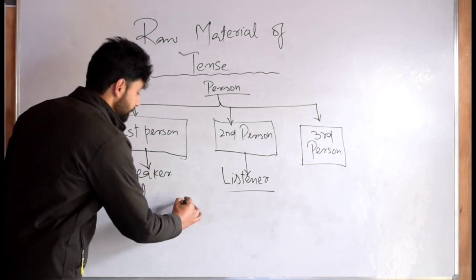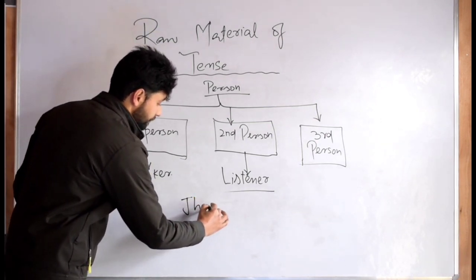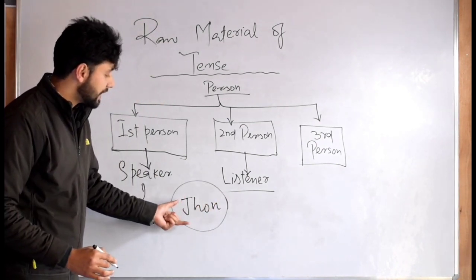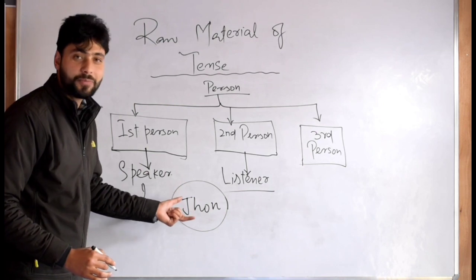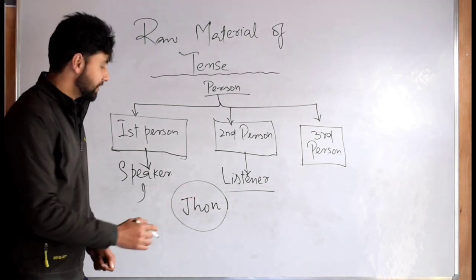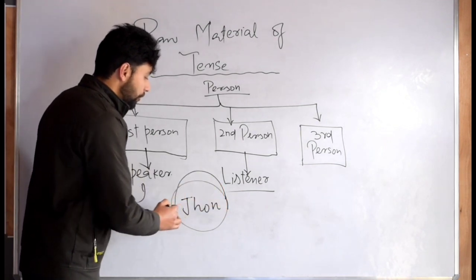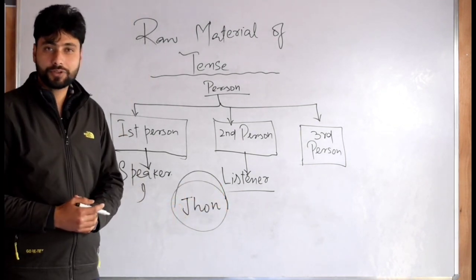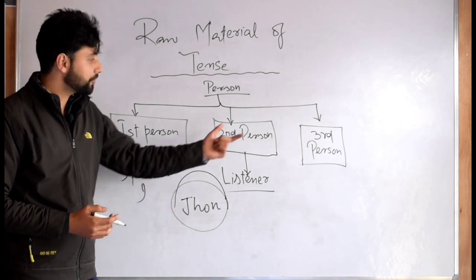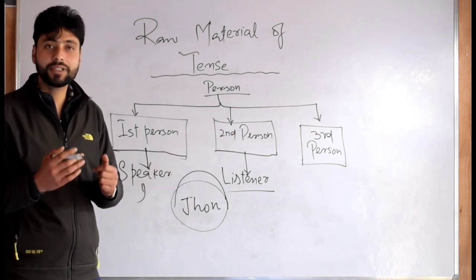So John becomes third person because John is the topic or the talk of conversation. So the person who is being talked about, whom we talk about, is the third person. I hope this is clear.